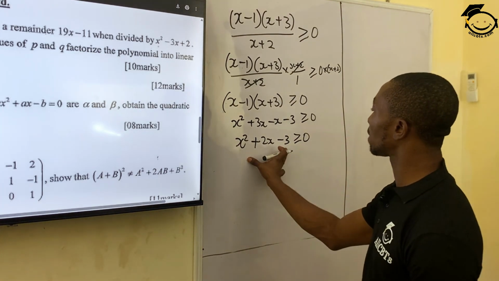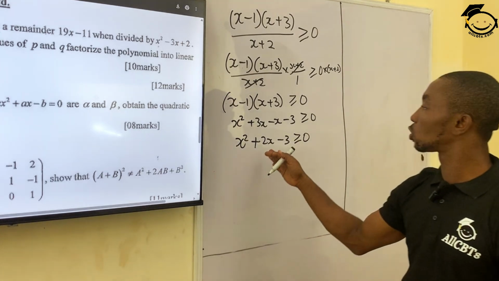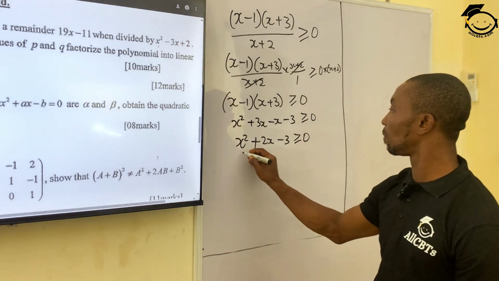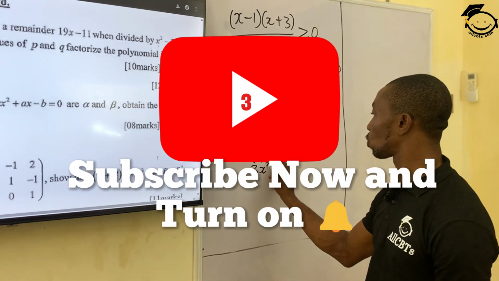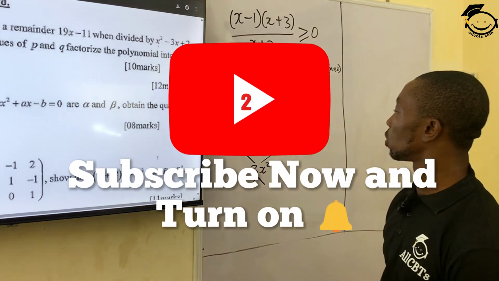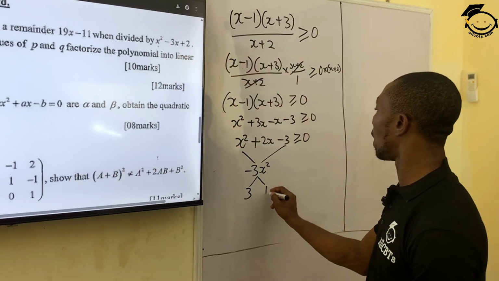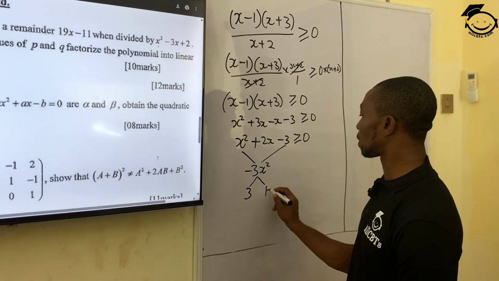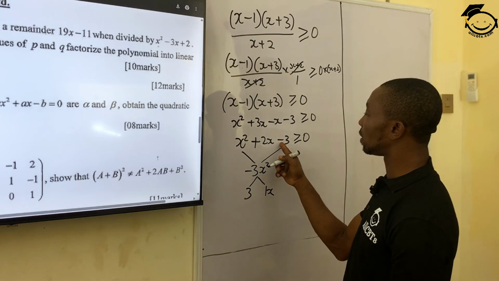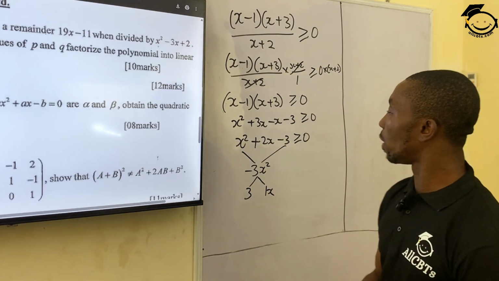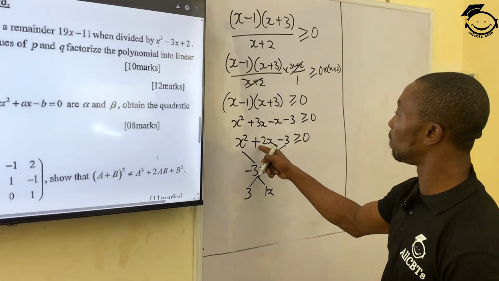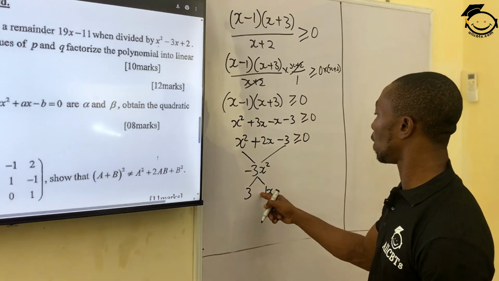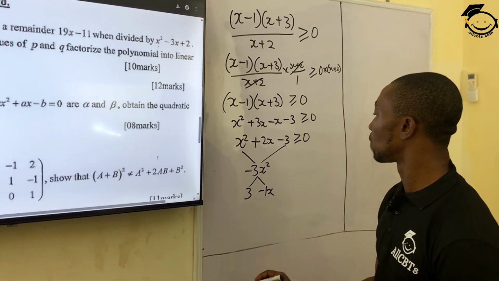Now we factorize our x squared plus 2x minus 3. The factors of minus 3 are 3 and 1. But since one is negative and the other is positive, we have to find which of our factors will be negative. Since our middle term is positive, the smaller factor will become negative.